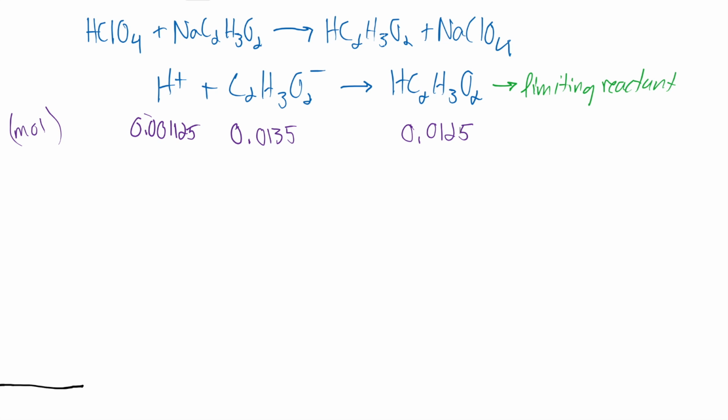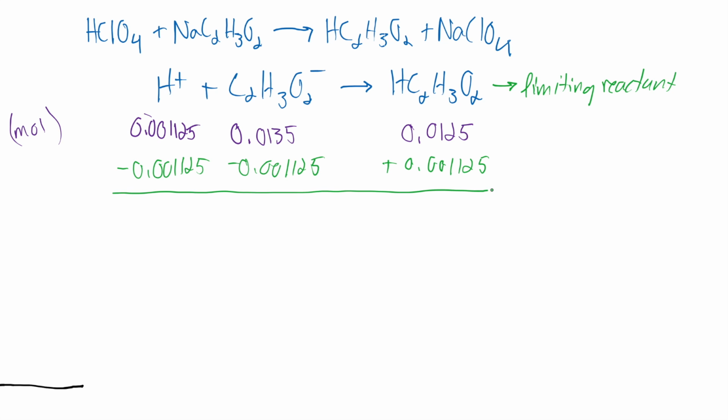So we know that we can go ahead and subtract 0.00125 moles from this, and of course, because it's on the other side of the reaction, we are making 0.00125 moles. And so whenever we subtract and add here, we end up getting 0, because this just cancels out.